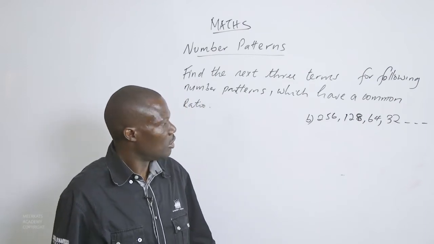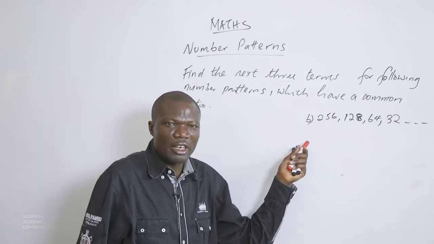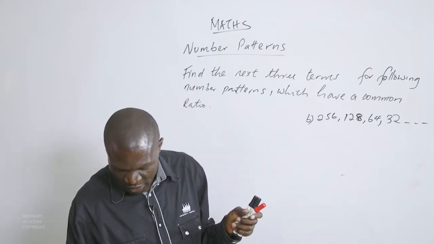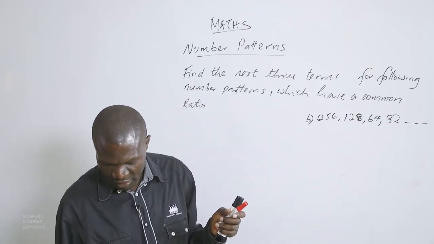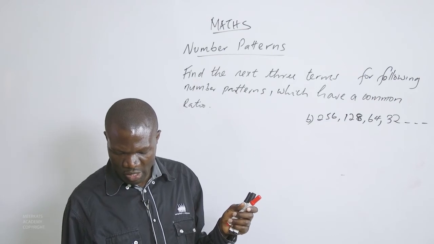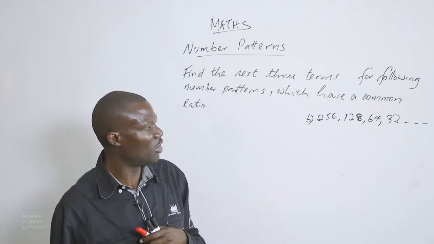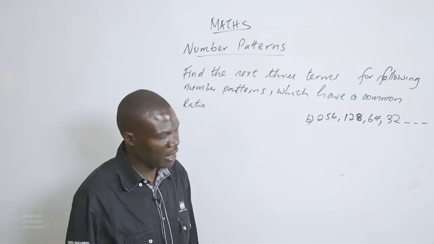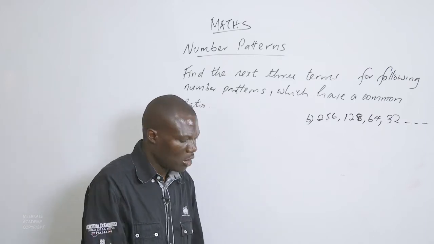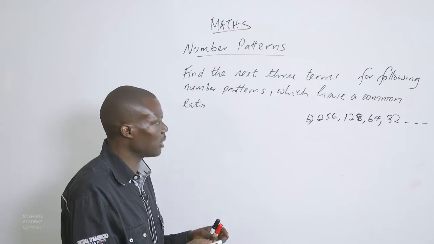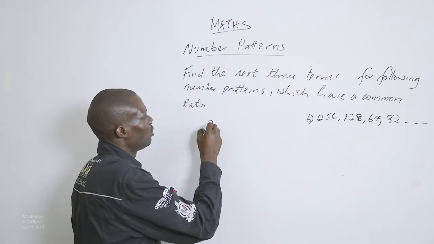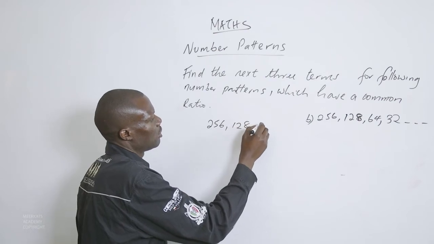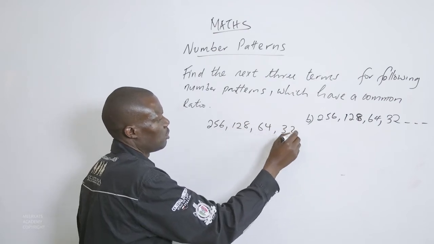Now, for this other one, 256, 128, then we have 64, 32, and so on. What do you realize here? We need to find the relationship between 256, 128, 64, 32.